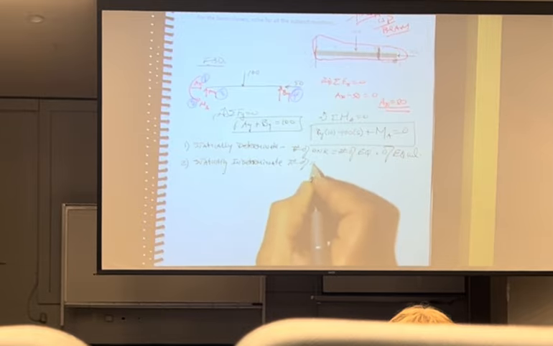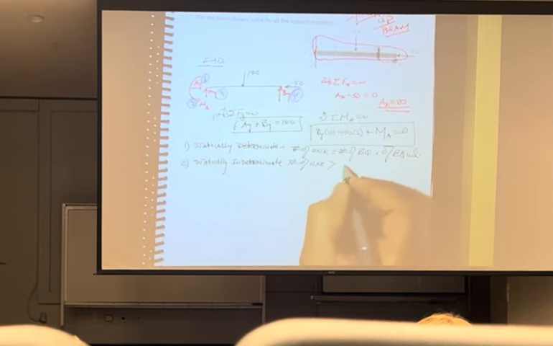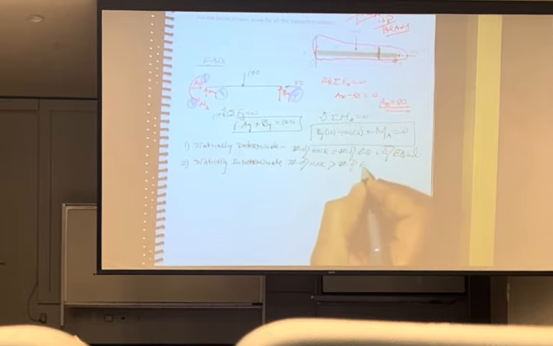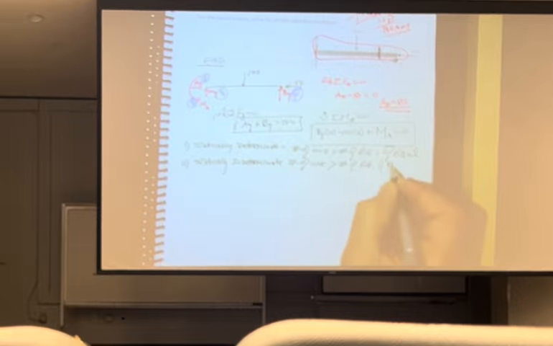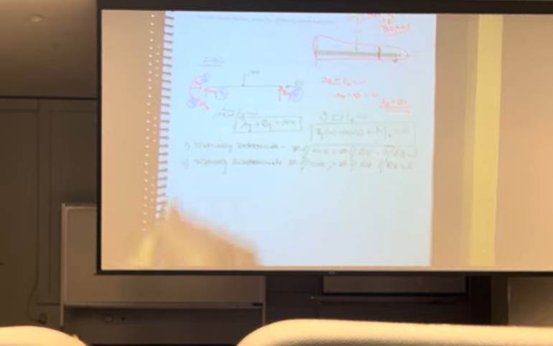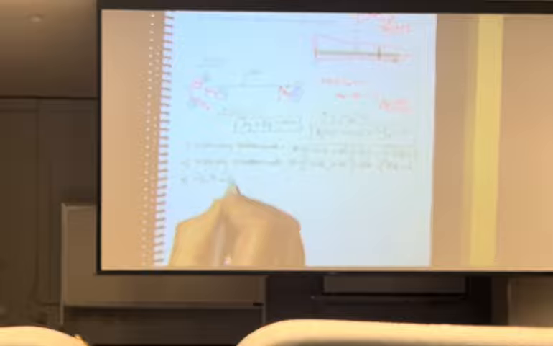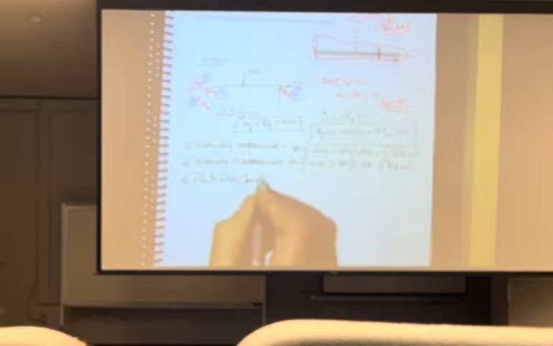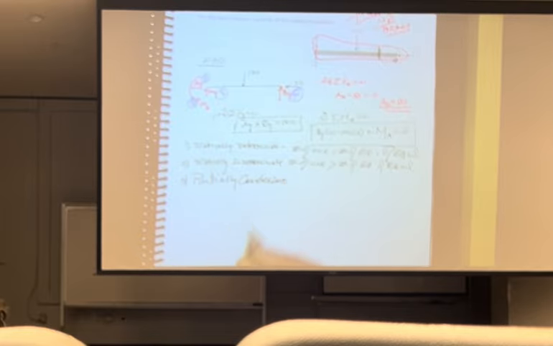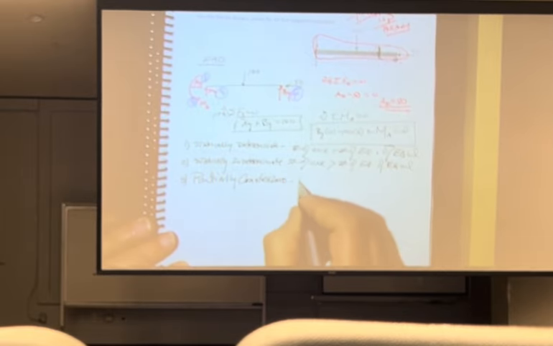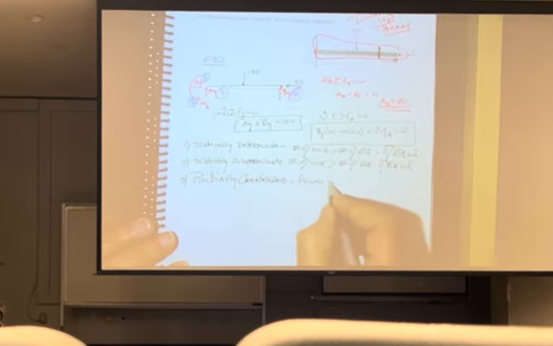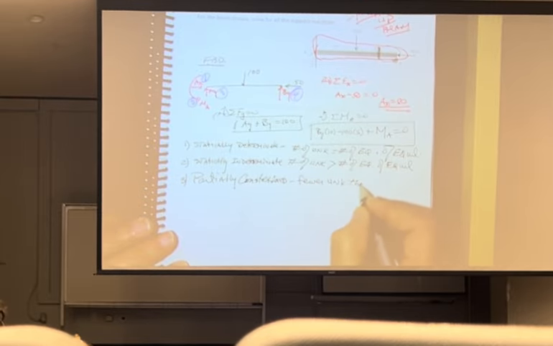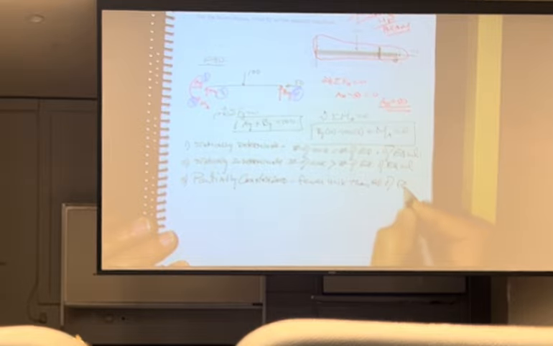Number of unknowns greater than number of equations of equilibrium. 3, partially constrained. This is fewer unknowns than equations of equilibrium.